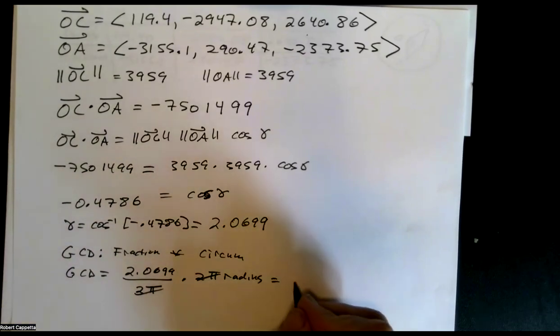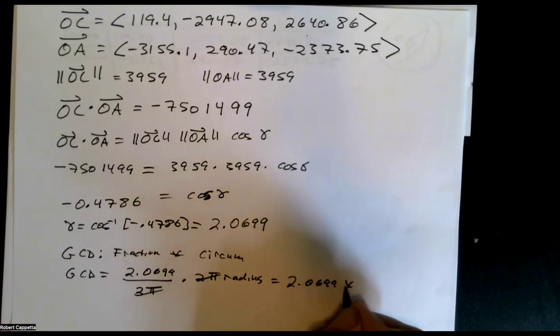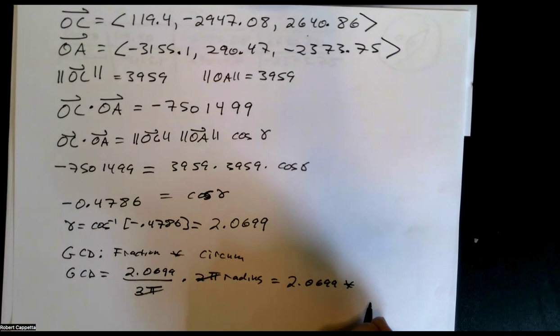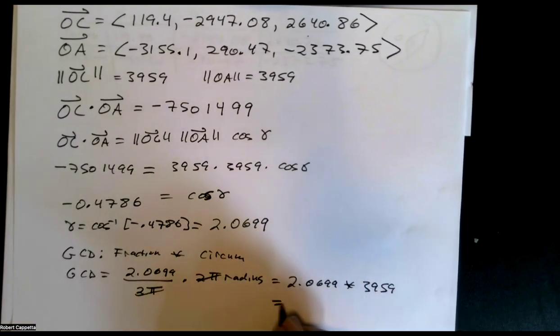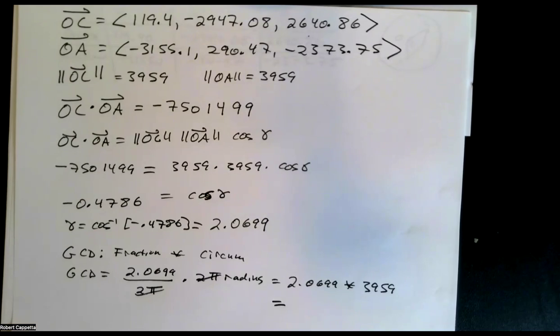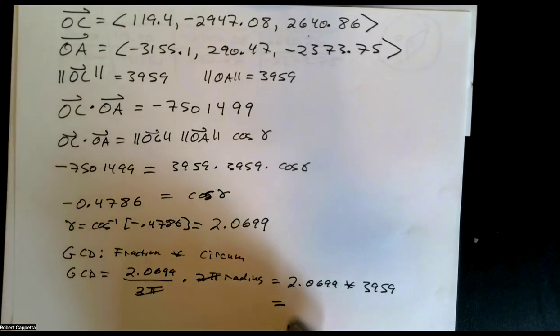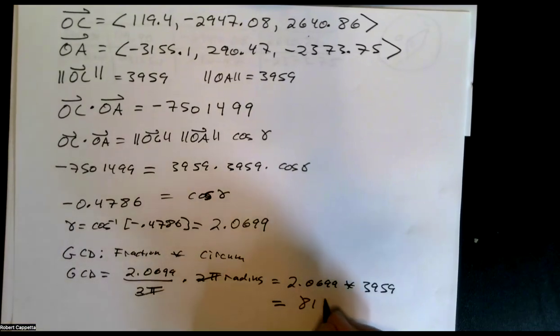So we get 2.0699 times 3959 miles. And then what is my result from that? 2.0699 times 3959 miles gives me about 8195 miles.